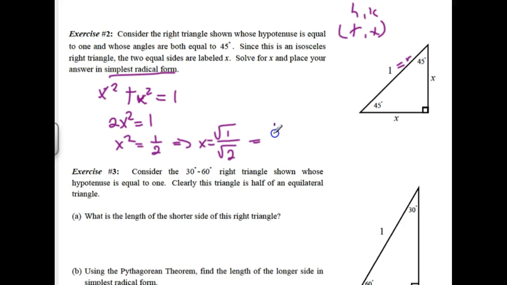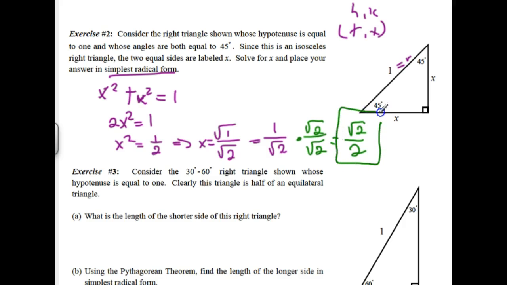Now this can be simplified as 1 over radical 2, but we know we cannot rationalize the denominator like this, so we have to multiply both of these by radical 2, which will give me radical 2 over 2. And that's the length of one side.